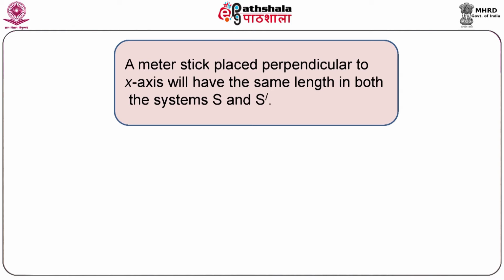That is, in S and S dash, the rod will have the same length. Why? From Lorentz transformation, we have already found that y dash equals y and z dash equals z. That is why, in the transverse direction, the rod has the same length in both frames S and S dash.